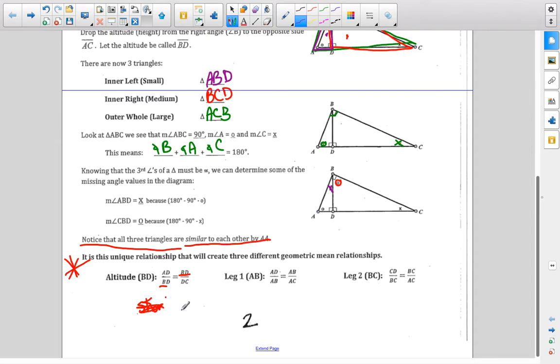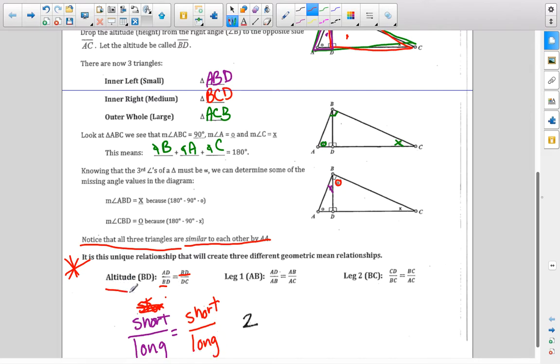So I'm going to do AD, the short of the little triangle, is to the long leg of the little triangle, because here's the hypotenuse, is to the long leg as BD, which is going to be our medium size one, and that's in red, so I'll do that one in red. BD represents the short of the medium sized triangle compared to DC, which is the long side opposite the O of the medium.